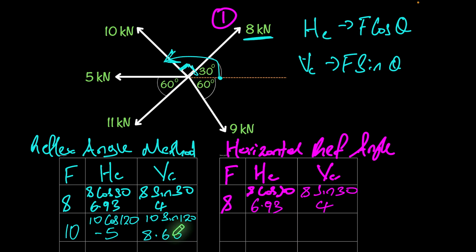Now, this is where the two methods start to separate, because for the horizontal reference angle, let me just clear the angle here. For the horizontal reference angle, we need to use the angle between our force and this horizontal line there.